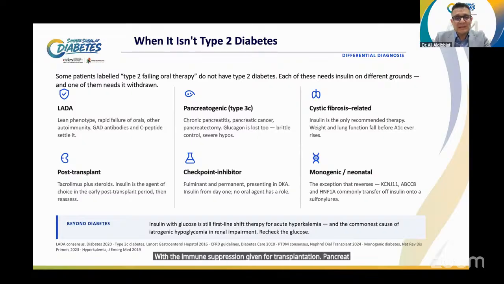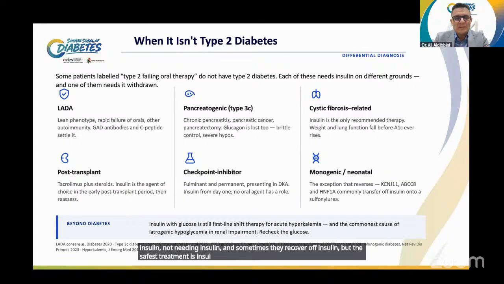Pancreatogenic diabetes, the likes of acute or chronic pancreatitis or pancreatic cancer, or after Whipple surgery where you remove the pancreas, the main treatment is insulin there. You need to treat them as insulin deficient patients. Some cases of chronic pancreatitis flip between needing insulin and not needing insulin, and sometimes they recover, but the safest treatment is insulin.